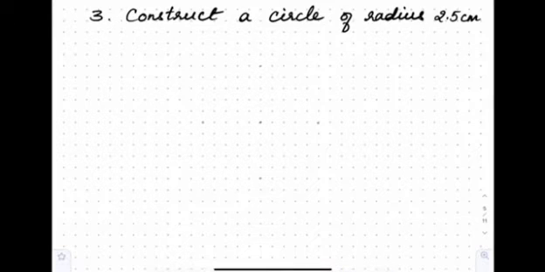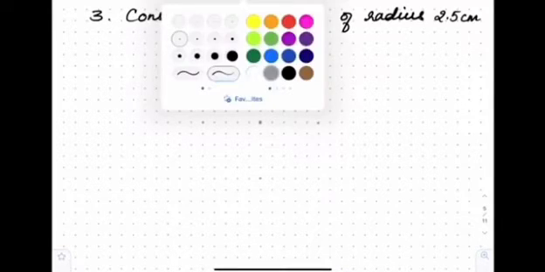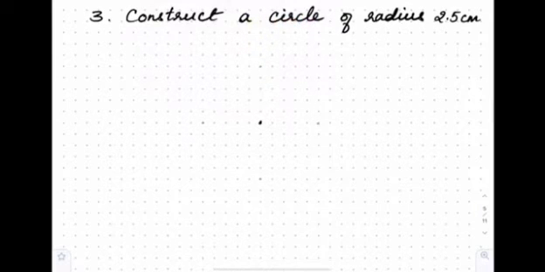We will first mark a center and name it as O. Then we will draw a line of 2.5 centimeters radius. Okay, this is 2.5. So we will write down r is equal to 2.5 centimeters.